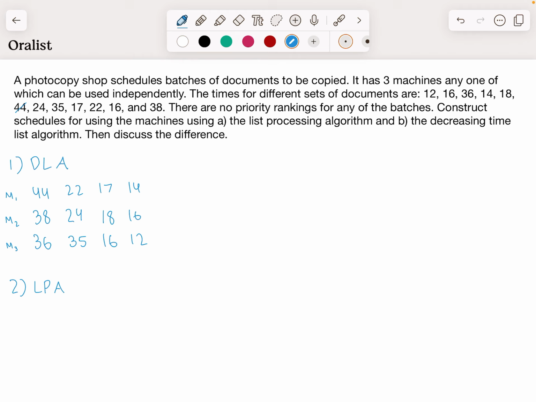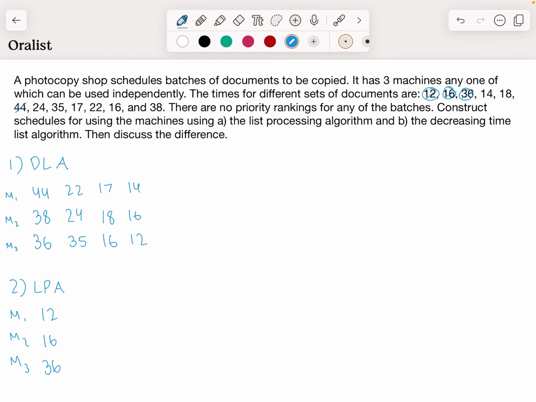All right. So let's label machine 1, machine 2, and machine 3 like last time. Since the first value we are given is 12, we could put that into machine 1, because why not? And then 16 and 36 we could put into the other 2 machines. So 16 and 36. That should make sense.